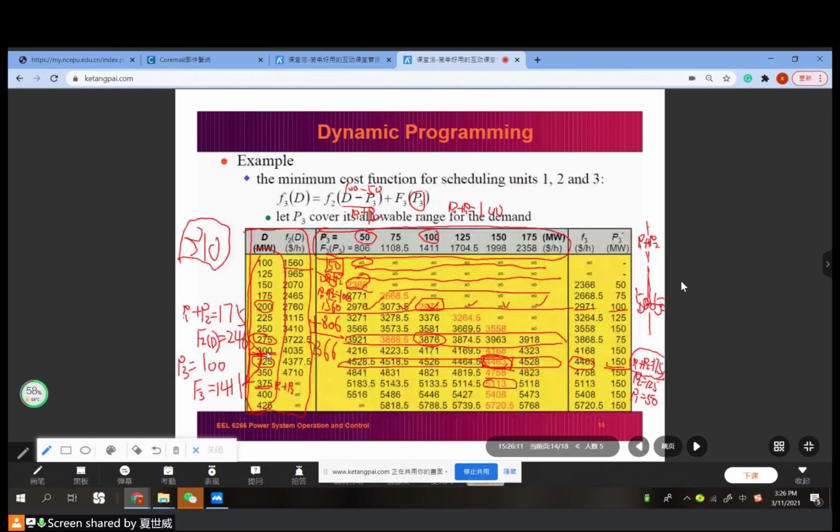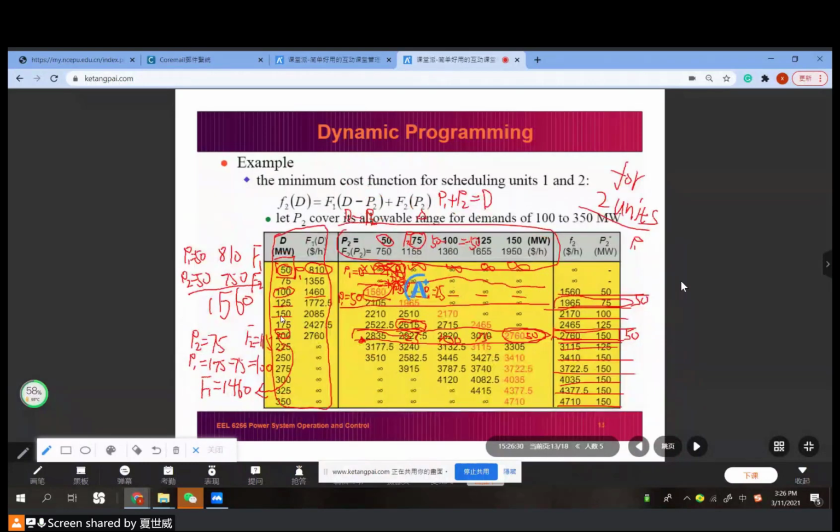So based on this 300, you found that the best solution is 4,168, and the best solution is P3 150, and P1 plus P2 is 150. Then P2 equals 100, and P1 equals 50.